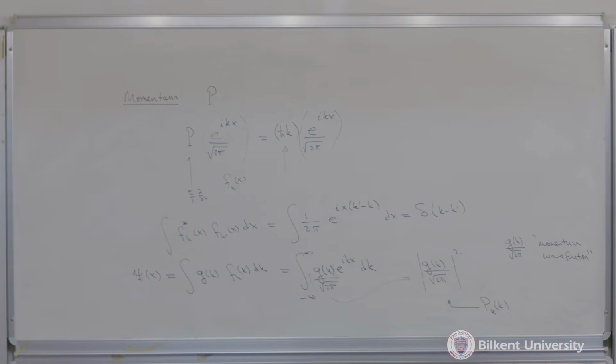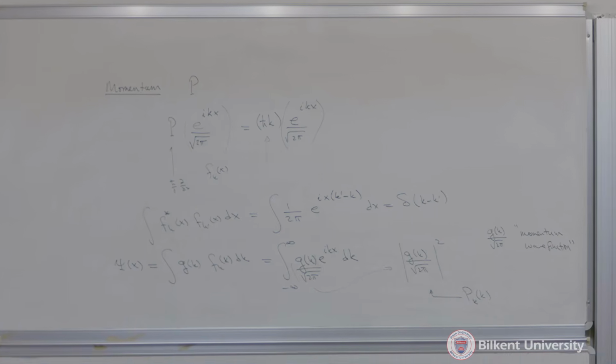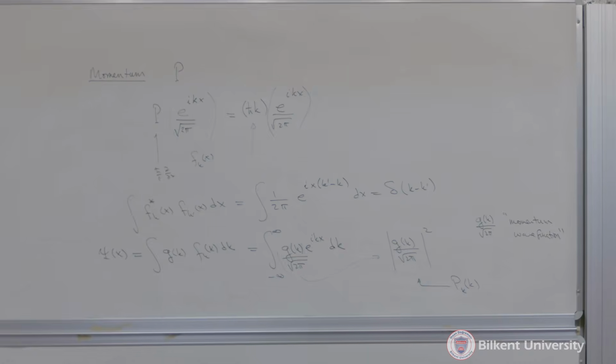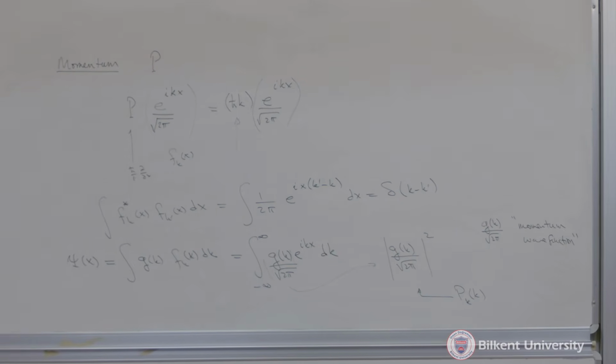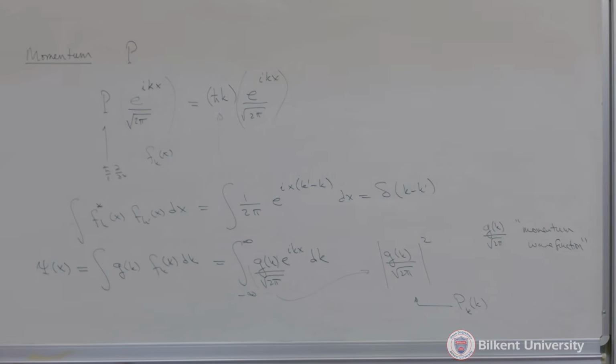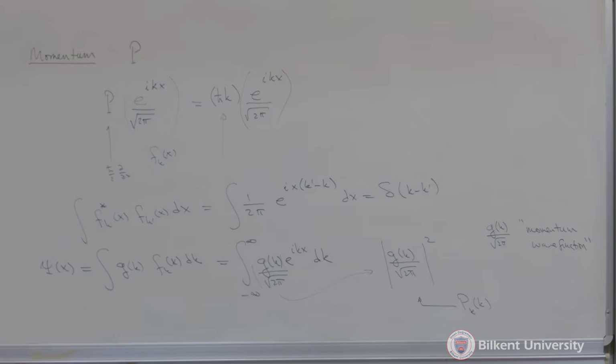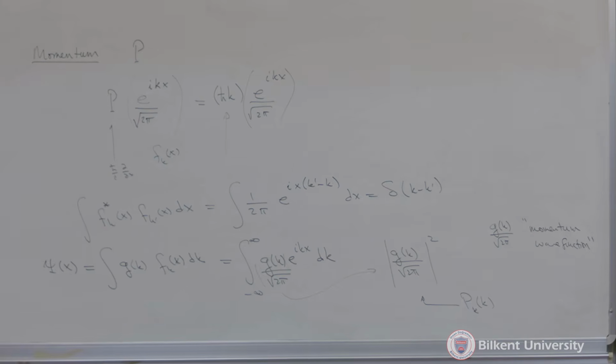So when we start doing these things for position space, sometimes it looks confusing, but it really isn't. Position space is just a space that is associated with a Hermitian operator.